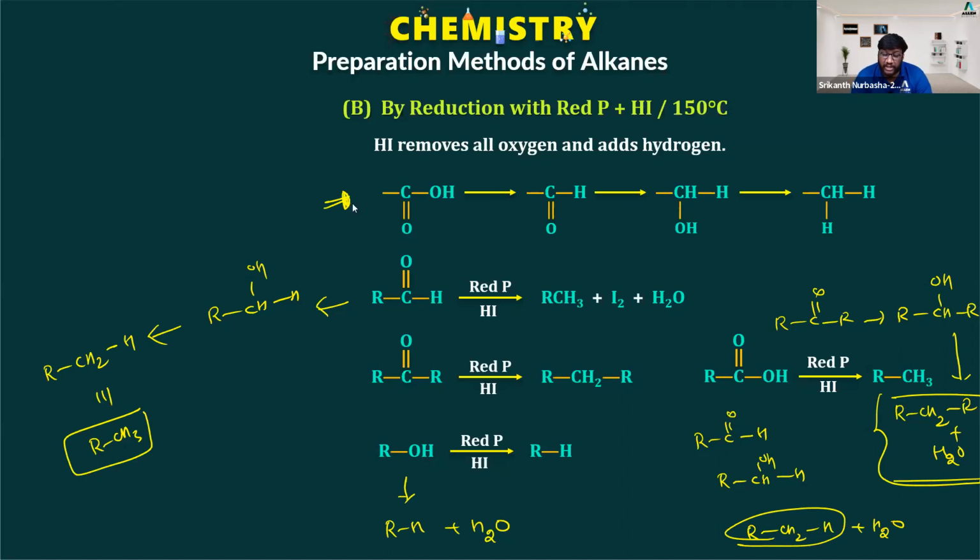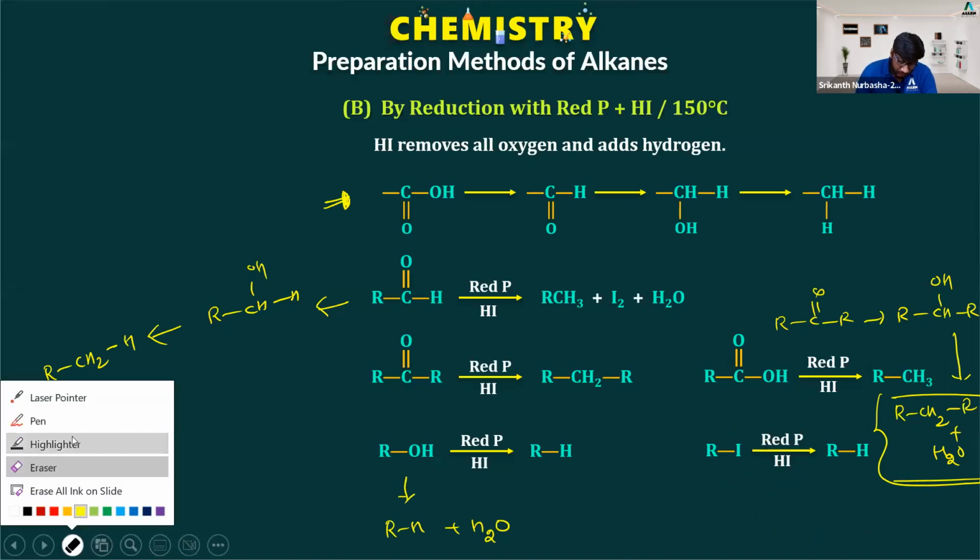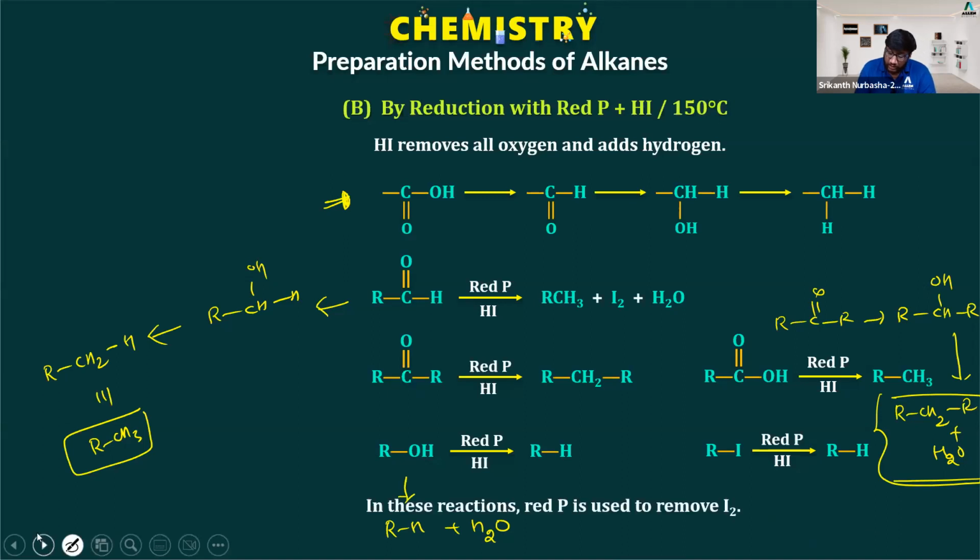This is reduction with red phosphorus and HI at very high temperature, like 150 degrees Celsius. In these reactions, red phosphorus is used to remove whatever iodine is formed.